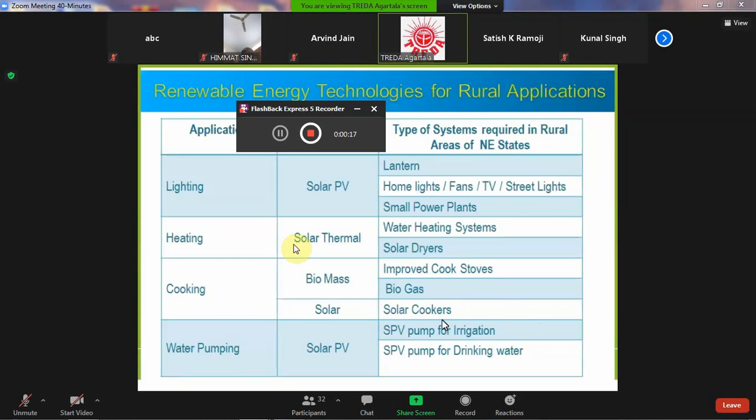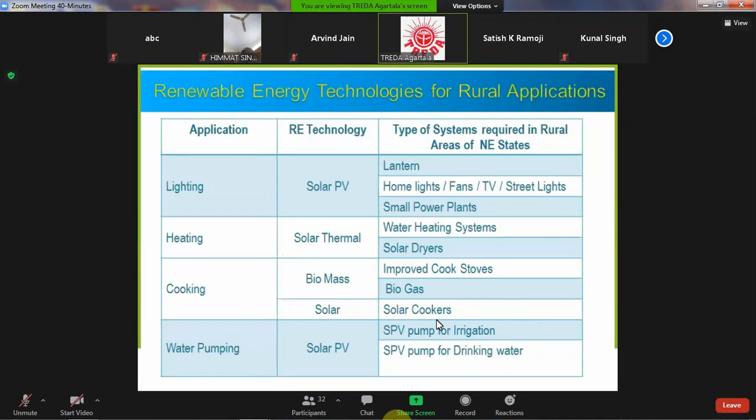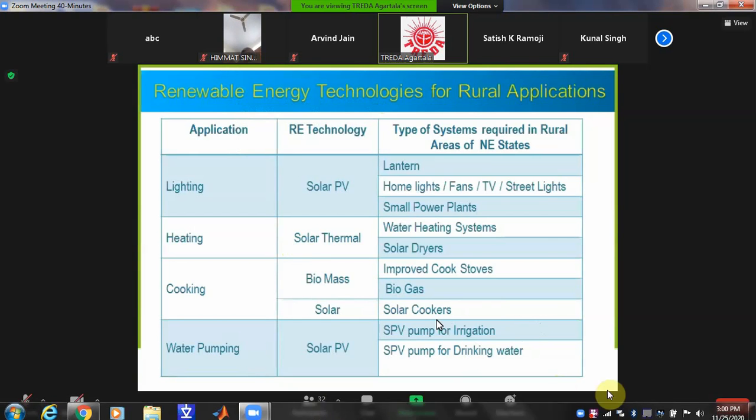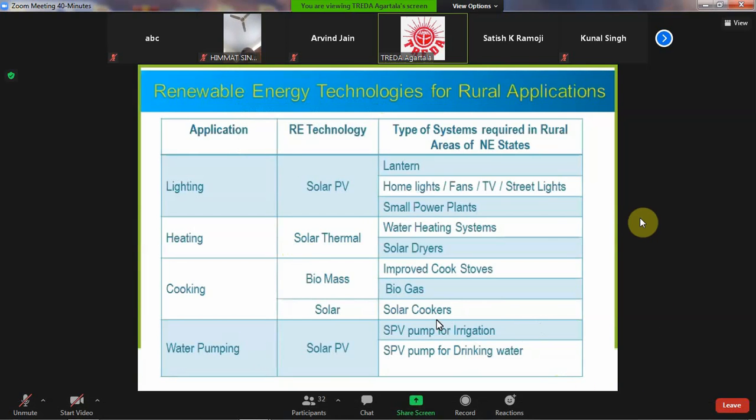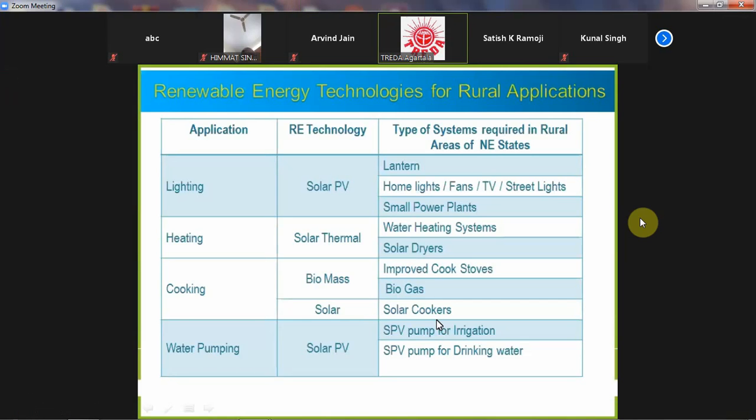So I will explain how we can use this renewable technology in rural areas, which type of renewable energy sources are mostly used in rural areas, and for which application. If we use it for cooking in rural areas, then we can use the improved cook stove.